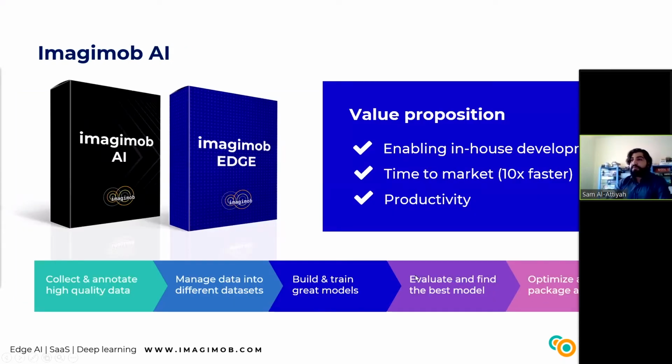So what Imagimob does is that we have our development platform, which is called Imagimob AI, and that lets you streamline the model building process. It allows you to collect high quality data and to annotate it very quickly.